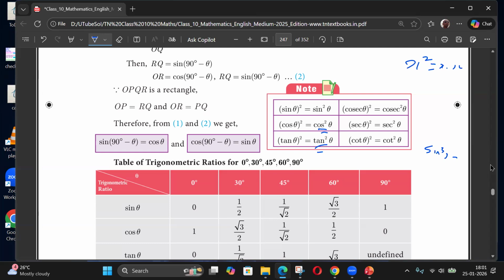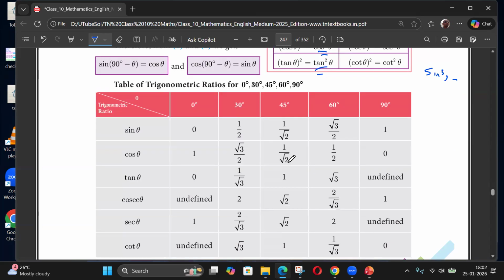And there are some standard angles, like one angle is 90. If the other angle is 30, you can consider a triangle like this, with 90 and this is 30.